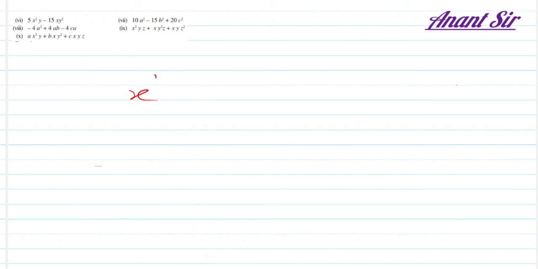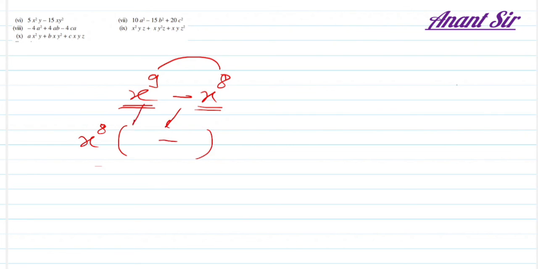So let's do one more question. If it is x raised to 9 minus x raised to 8, now what you do? Take the minimum power common. Simple. Minimum power common. What is the minimum power of x in both? 8. So take x raised to 8 common. Now, how many x will remain in the first term? There were 9. We have taken 8 common. So only x raised to 1 will remain.